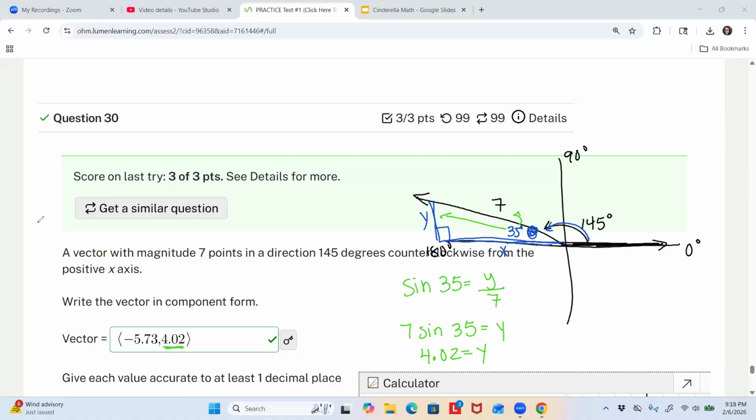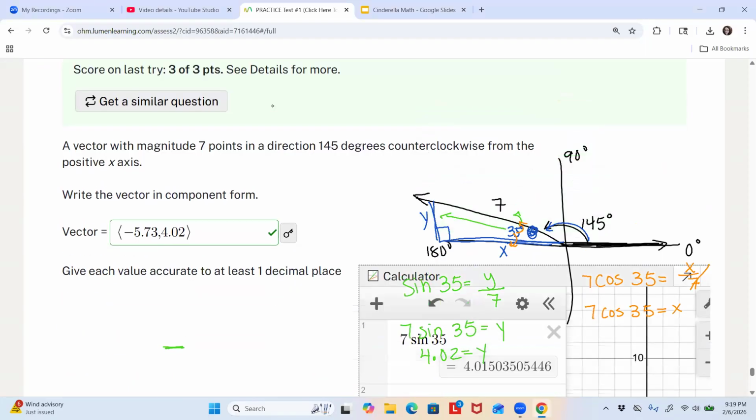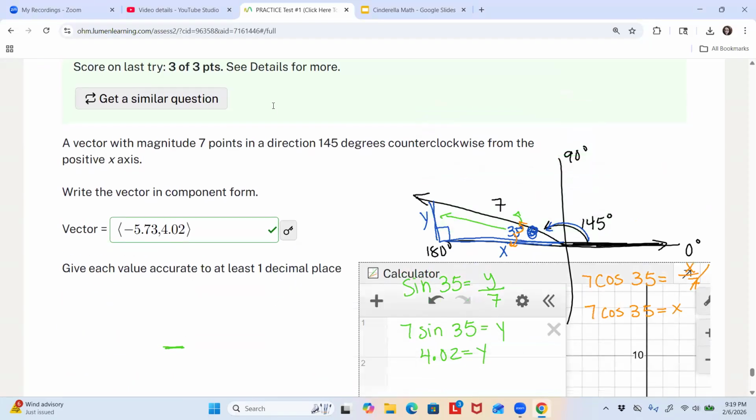And now let's do something similar for the x. The x here is adjacent, and then we still have the hypotenuse, so cosine of 35. Adjacent is x, hypotenuse is 7, times by 7. So 7 cosine of 35 is x, and again, just make sure whatever calculator you're using is on degrees.